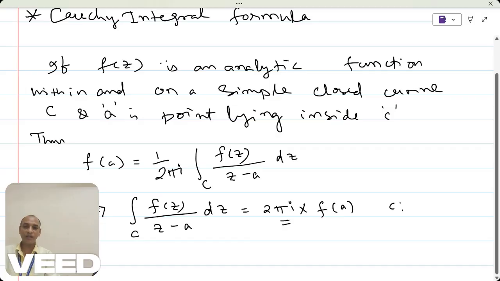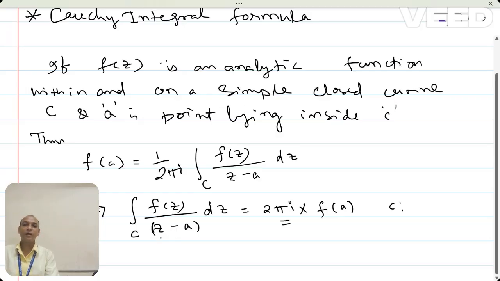Remember that when you are getting a problem like this, the degree of the denominator z minus a is always linear. That one you have to remember, because if it is non-linear, I will talk about some other formula. So apart from z minus a, whatever remaining things are there in this expression, that we will consider as f of z.